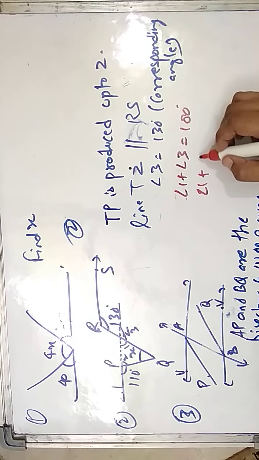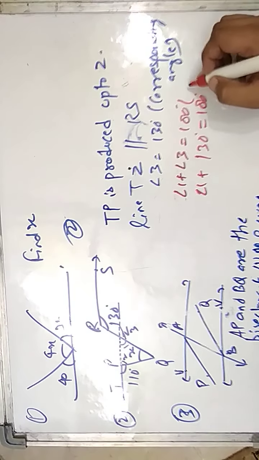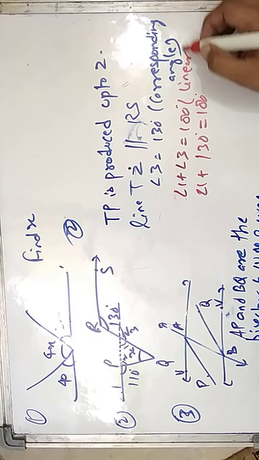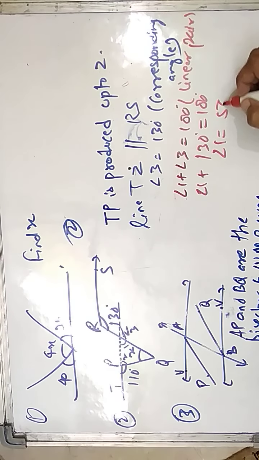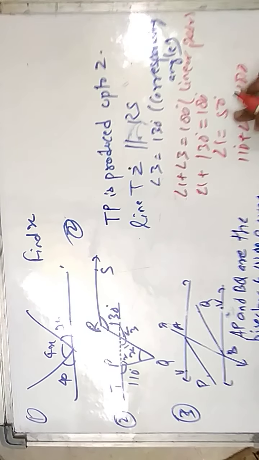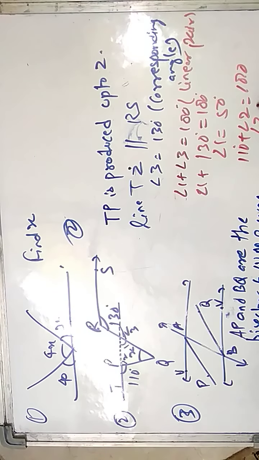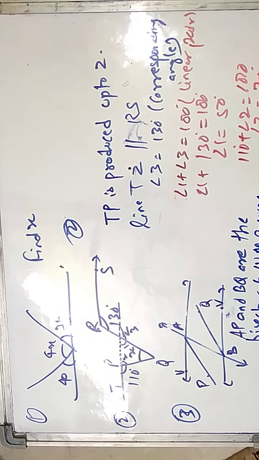Angle 3 is 130, it is by linear pair. Angle 1 is 50. And angle 110 plus angle 2 is also 180, it is by linear pair. Angle 2 is 70.